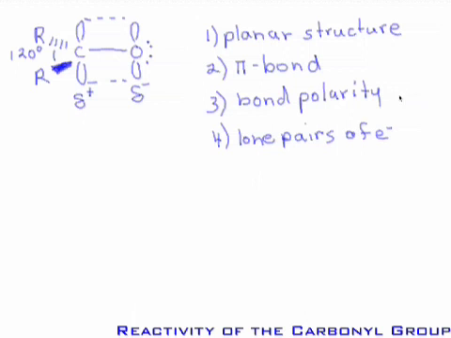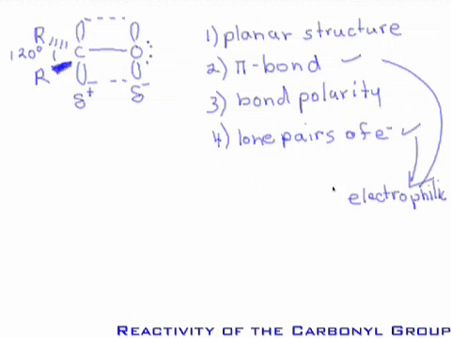And we can check off the pi bond and the electrons as favoring electrophilic attack, or attracting electrophiles. But bond polarity, delta plus on carbon, would attract nucleophiles.